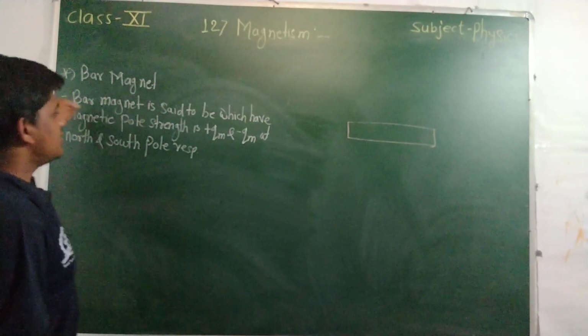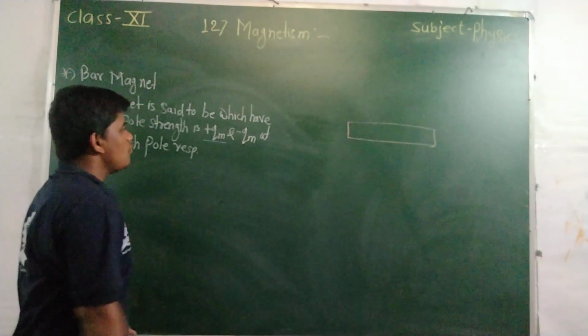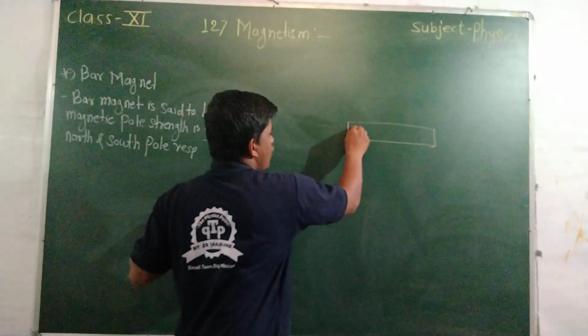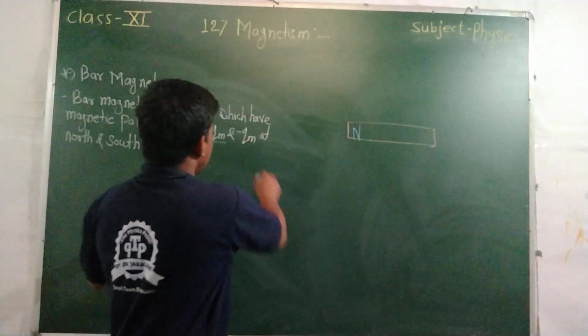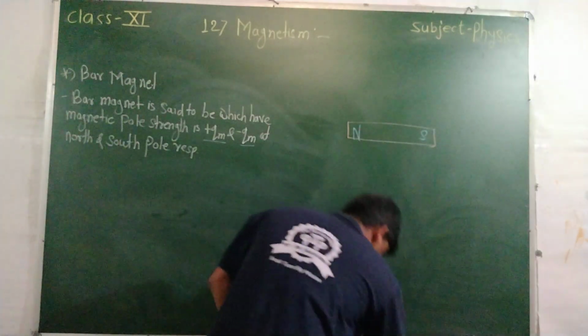North and south pole have the pole strength of plus qm at the north pole and minus qm at the south pole respectively.